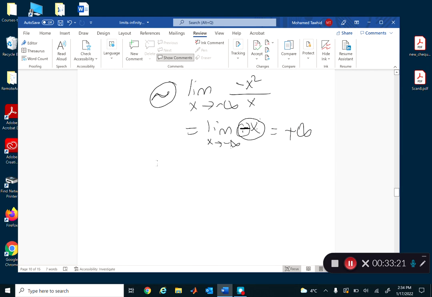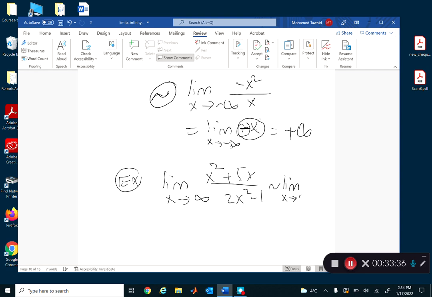All right, guys. So I give you another example here. What do you have? The limit as x close to infinity of x squared plus 5x over 2x squared minus 1. What is my leading term here? Remember, I'm just repeating myself: when x is close to plus infinity or minus infinity and you take the limit, that is when you take the leading term.